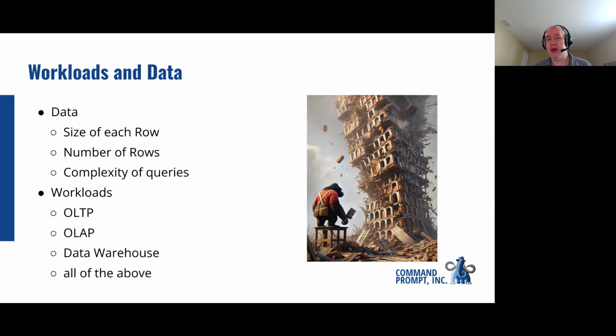So the length of your average query obviously changes how you optimize and how much cache you need. The most difficult workload possible is where you're trying to support all three types of workloads at the same time.